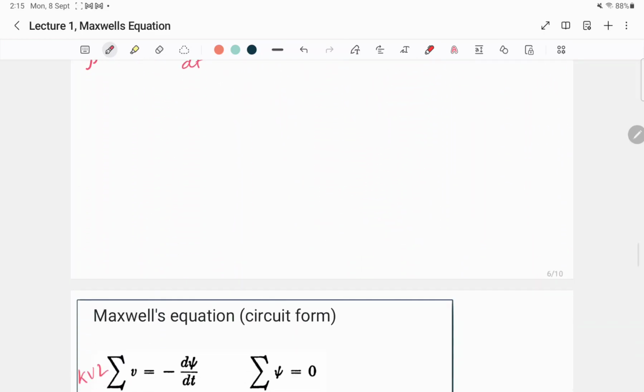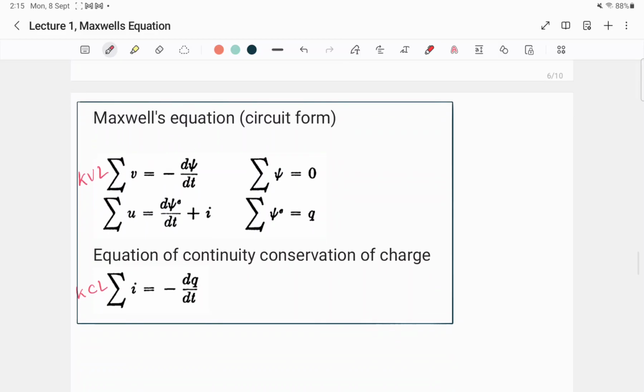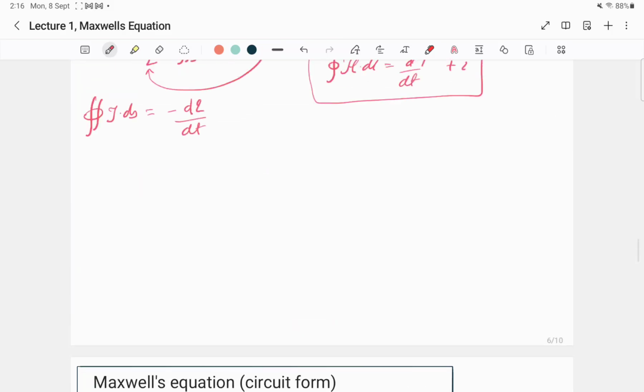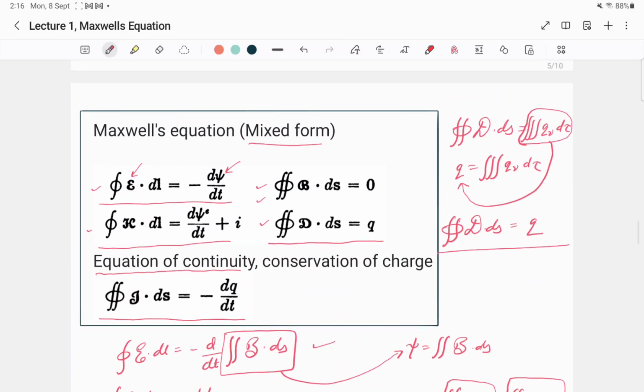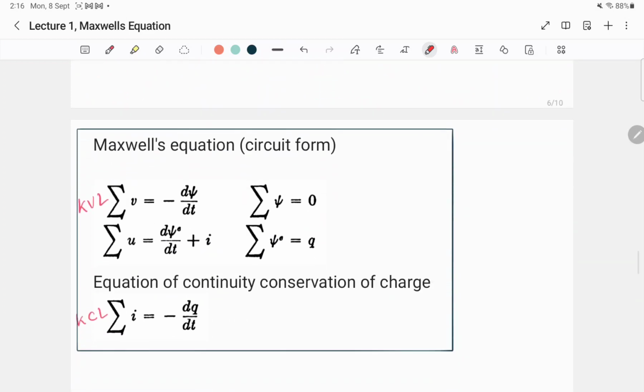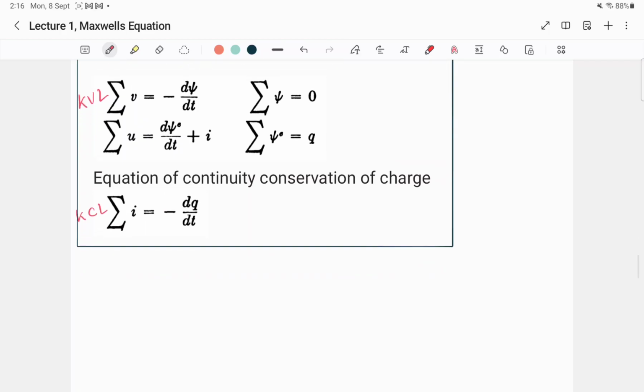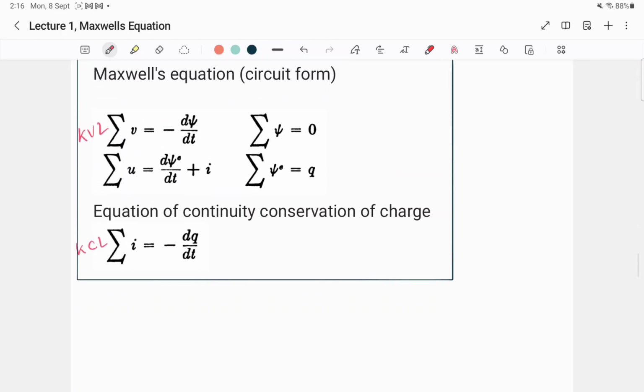Okay, all right. Now let's move on to Maxwell's equation in circuit form only. This is purely in circuit form. If you see Maxwell's equation in mixed form, we have seen that the closed line integration of E dot dl is equal to minus the time derivative of psi.